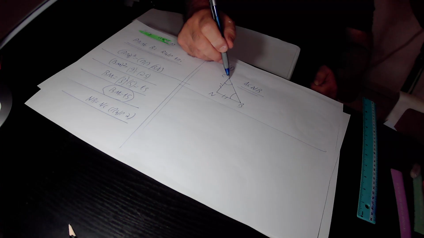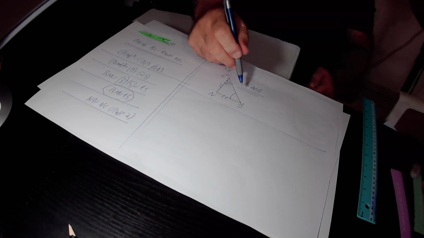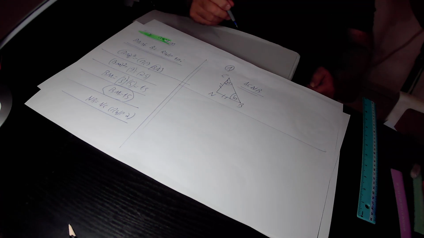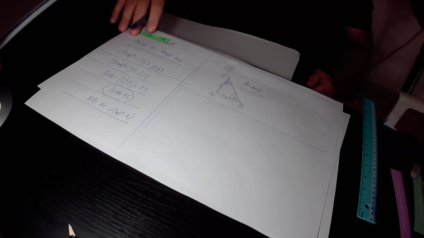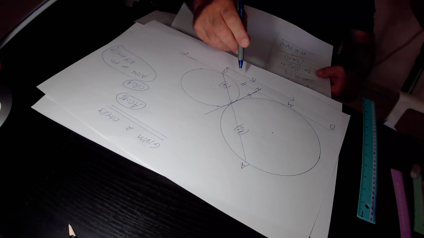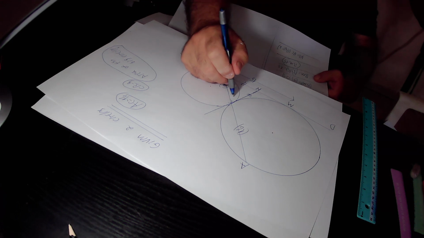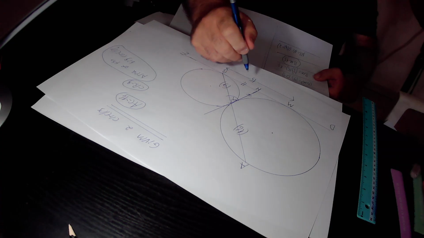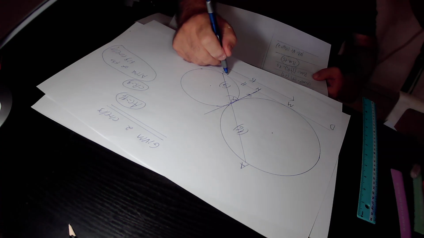So if we define the size of this angle as alpha, then the size of this angle must also be equal to alpha, according to the rule that I mentioned. Okay, so we found out that this angle equals alpha, and this angle also equals alpha.